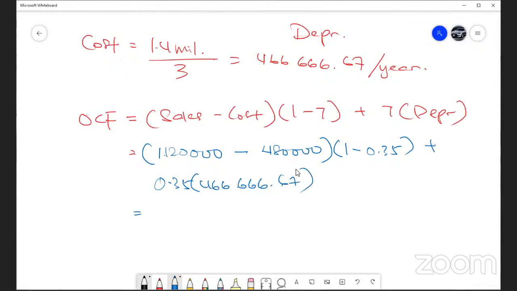Add this up together and you get your OCF for the next 3 years: 579,333.33. This is for year 1 to year 3.